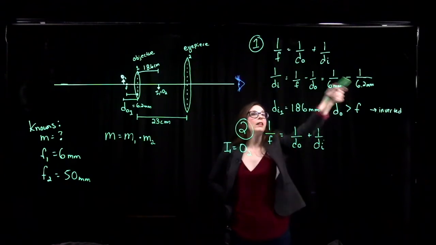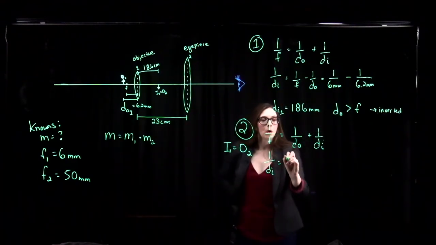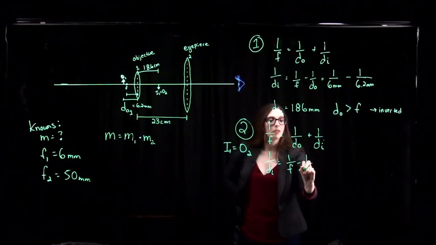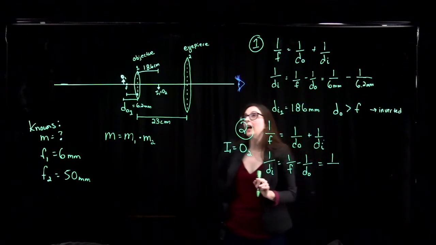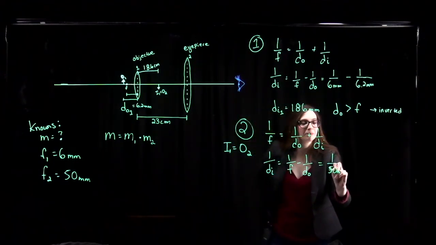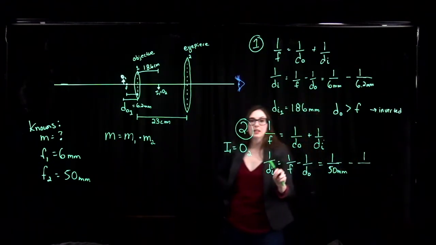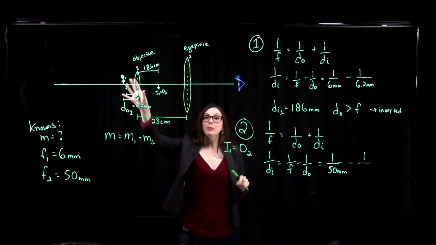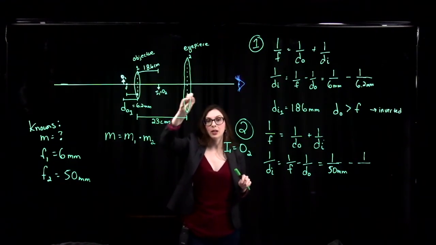So we'll do the same thing that we did up here. 1 over di equals 1 over f minus 1 over dO. The focal length of my second lens, my eyepiece, was 50 millimeters, minus 1 over dO. What is the distance that my object is away from this second eyepiece? Remember that the image for our first lens now becomes the object for our second lens.